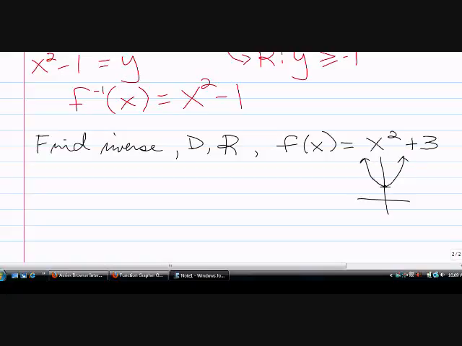For a quadratic, there are no numbers that I can't square, so my domain gets to be all real numbers. But when I think about the range of this one, if I squish this parabola to the y-axis, I'm never going below y equals 3. So my range is going to be y is greater than or equal to 3.